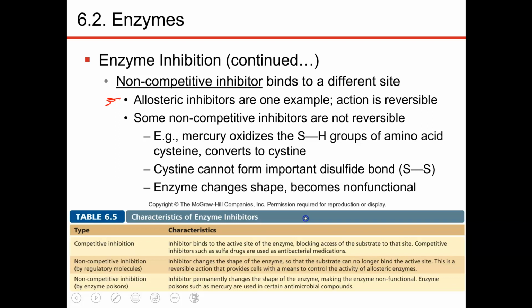So we have non-competitive inhibition that is used in regulating metabolic pathways, and sometimes we have different molecules that bind, and when they bind, then enzymes no longer can function and that pathway is inhibited. It could also be because it's a certain type of drug that's being utilized to kill off the bacteria.